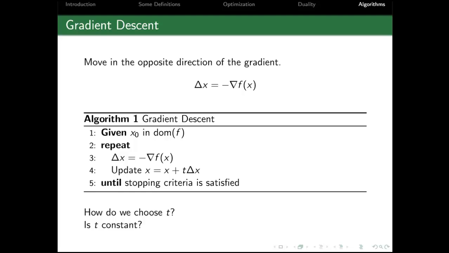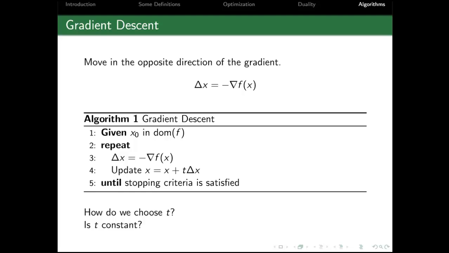Now let us formally look at gradient descent. We have intuitively seen that if we move in the direction opposite to the gradient we will reach the minima. We'll state it as an algorithm. If you start at x0 in the domain of f, you can update in every iteration x equal to x plus t times delta x, where delta x is minus gradient of f of x.